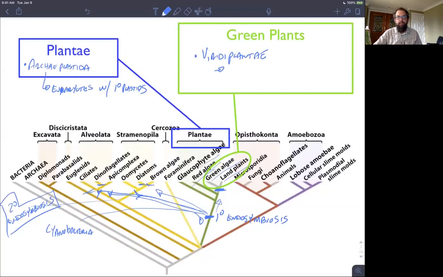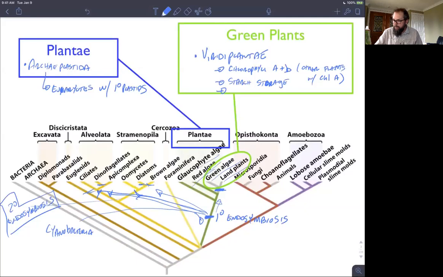These have a number of synapomorphies that unite the green algae and land plants together. The first of those is having both chlorophyll A and chlorophyll B, whereas other plant lineages, like those glaucophyte algae and red algae, have only chlorophyll A. The second synapomorphy for the green plant group is using starch as a storage compound, converting that photosynthate into starch for storage.